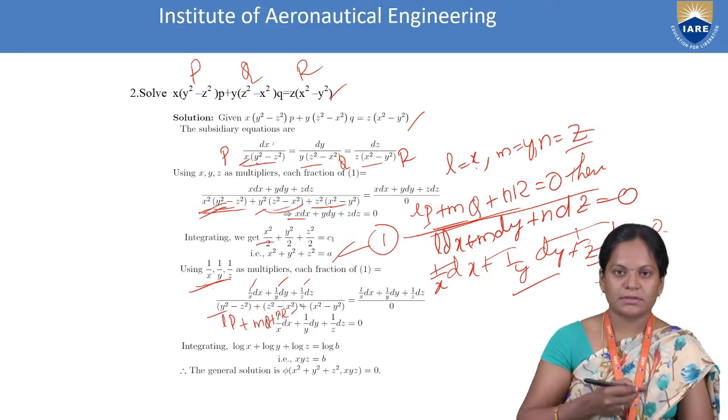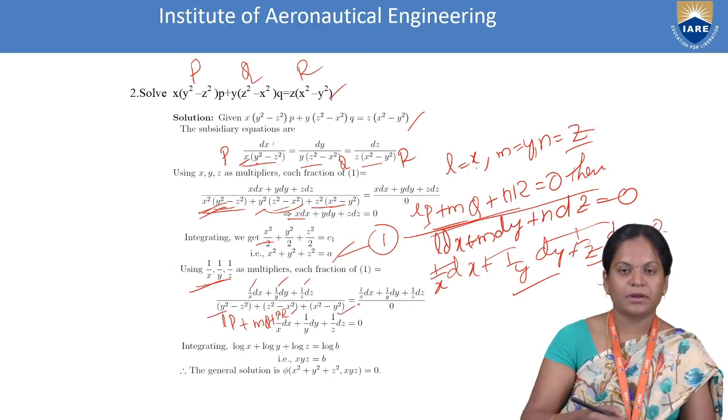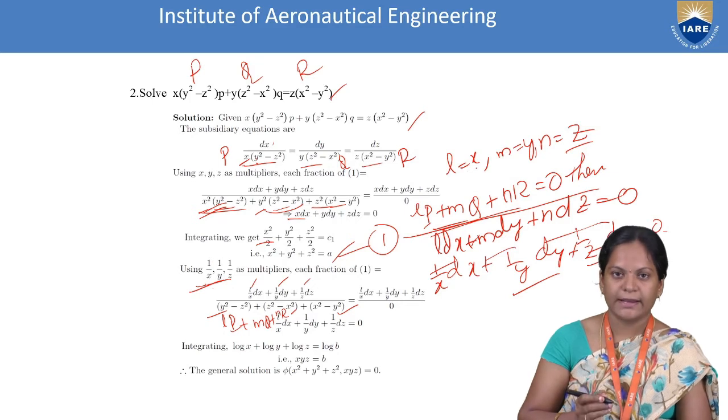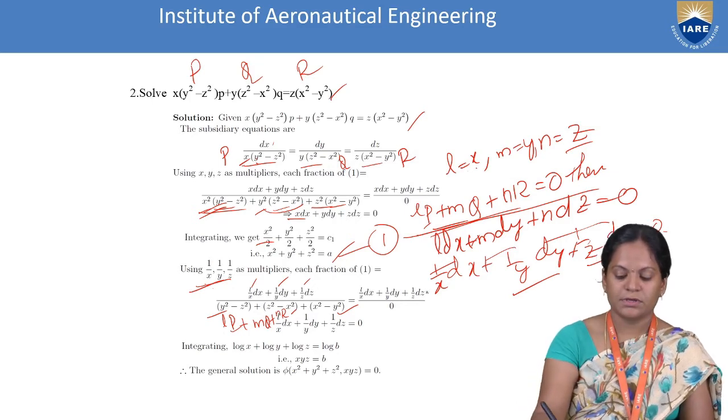Second term, z square minus x square. Third term, x square minus y square. So we have LP plus MQ plus NR equal to 0. If the denominator value is equal to 0, we write L dx plus M dy plus N dz equal to 0.